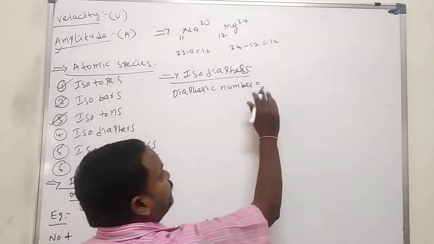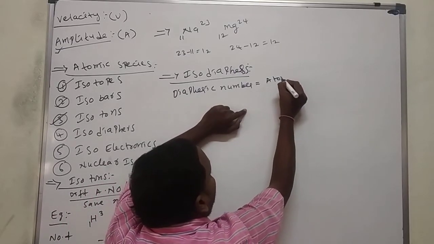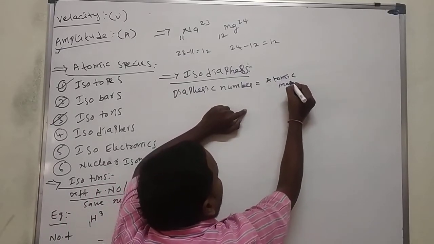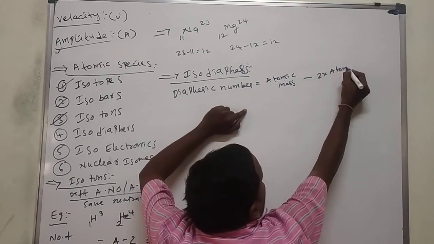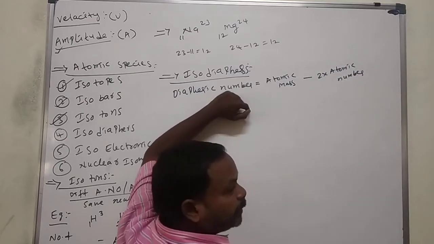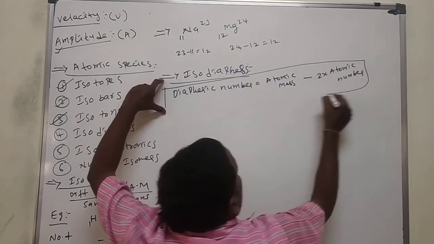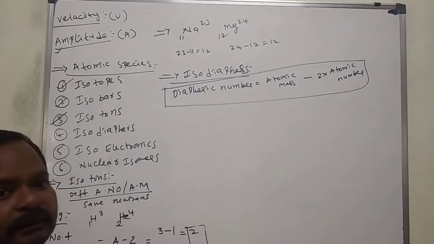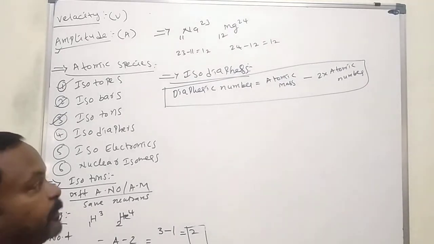Diaphoric number is equal to atomic mass minus 2 into atomic number. By using this we will calculate the diaphoric number.